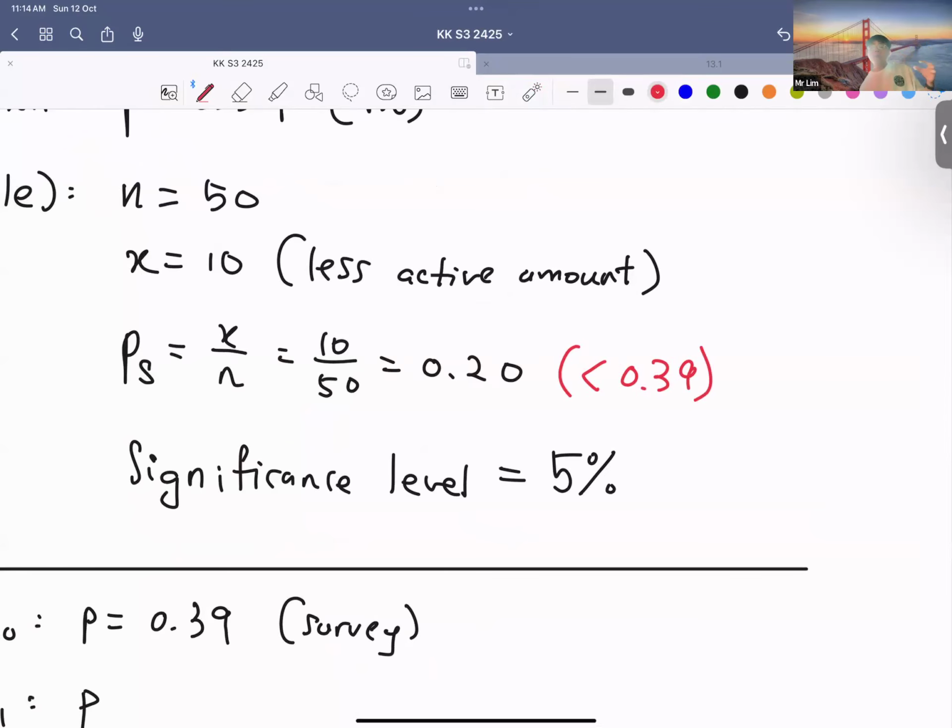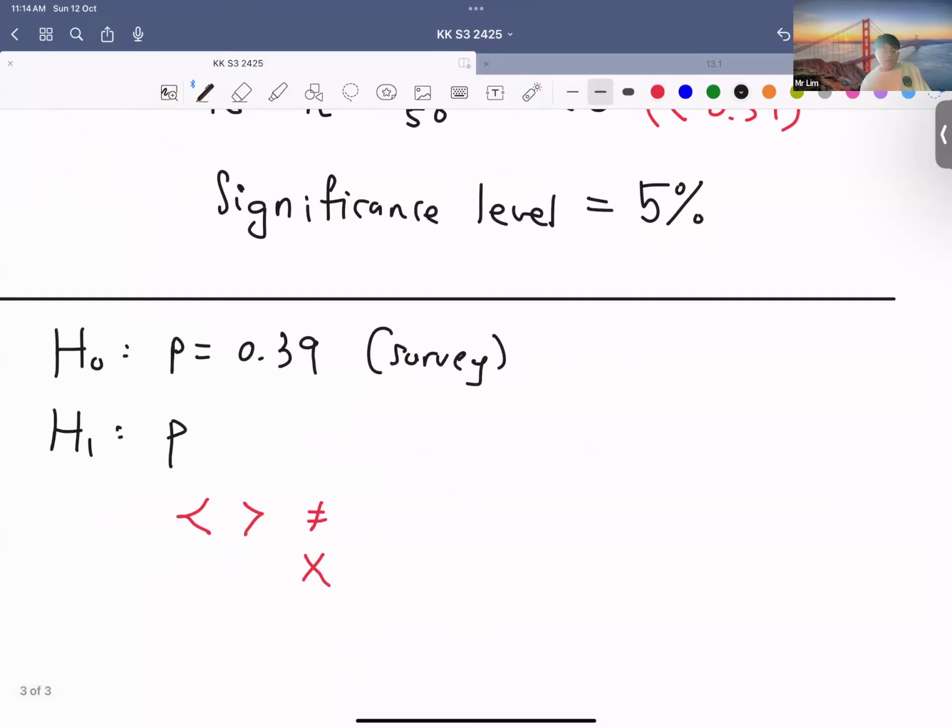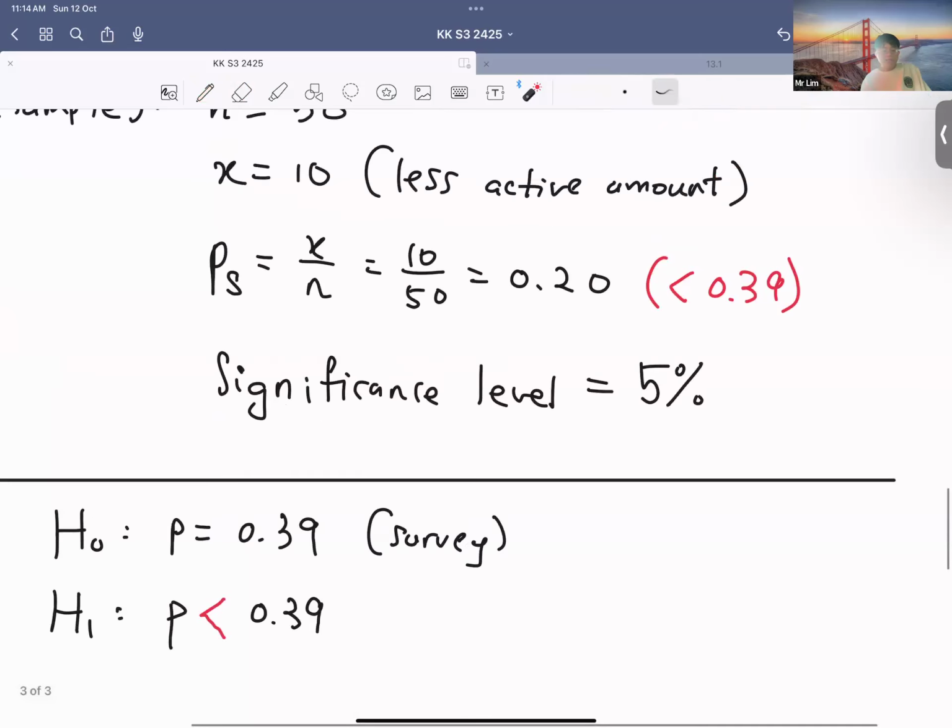Then my hypothesis test must test whether my proportion is less than 0.39 or not. Simply saying, I choose less than because my p-hat is less than 0.39. In the case that my p-hat is 20 divided by 50, which is 0.40, then this is already more than 0.39, so I have to change this to greater than.